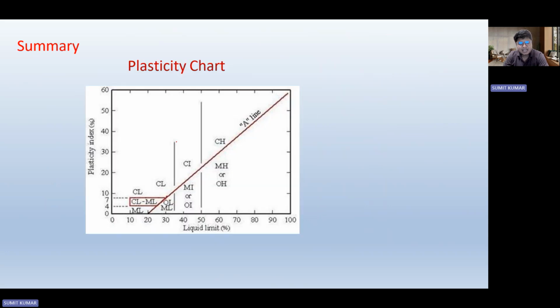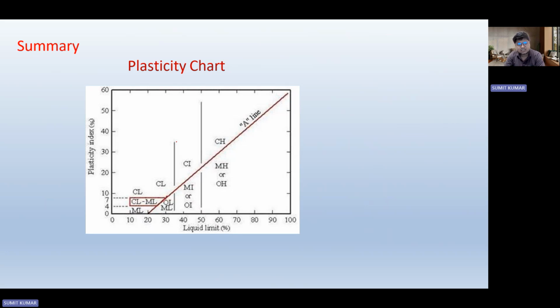Following that, we understood the plasticity chart: the U line and the A line, where A line is given by I_p equal to 0.73 times (w minus 20). Values above the A line are cohesive material, while below is silty, and other things related to the nomenclature we have discussed very elaborately.